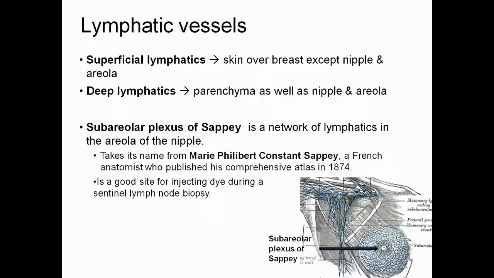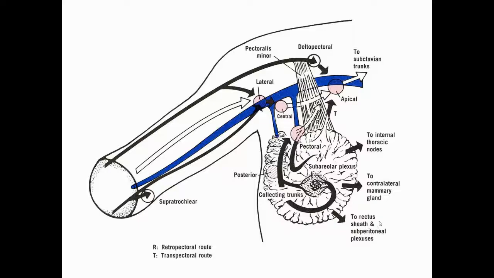Lymphatic vessels include the superficial lymphatics and the deep lymphatics, and the subareolar plexus of Sappey is a network of lymphatics in the areola of the nipple, and it is a good site for injecting dye during a sentinel lymph node biopsy. So we can see here the lymphatics.